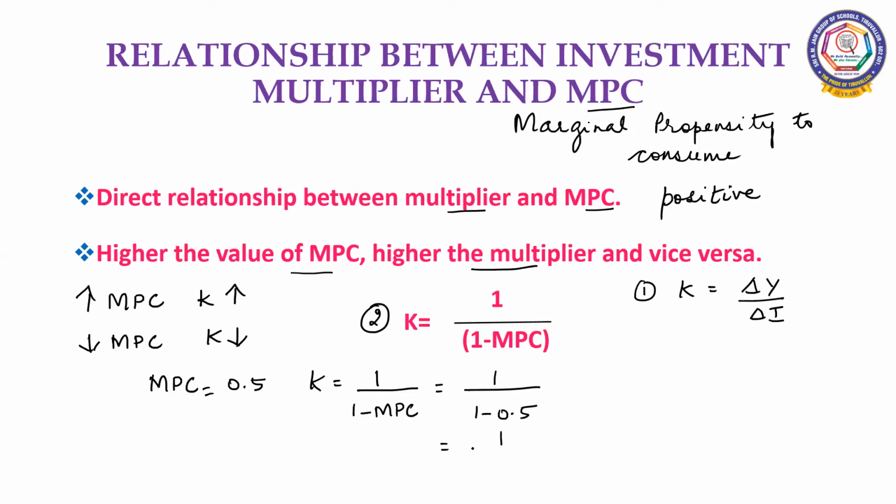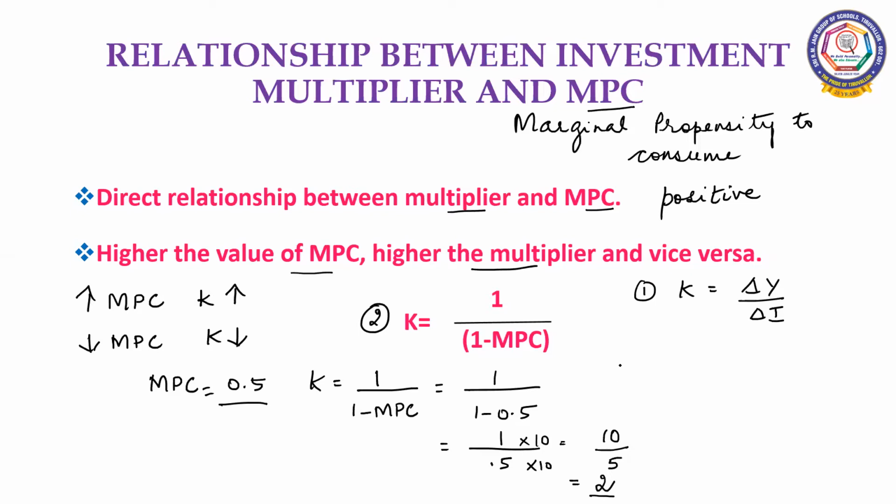Hence, 1 by 1 minus 0.5 is 0.5. So let us remove the decimal point. It becomes 10 divided by 5, which is equal to 2. So when MPC is 0.5, then multiplier is 2.